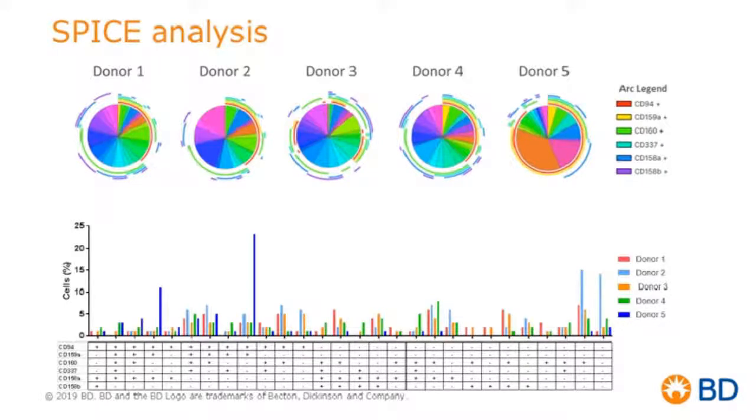You can see that big blue bar standing out. So again, this gives us a lot of biological information on the distribution of markers, but most importantly also on the unique NK cell repertoire across different donors.